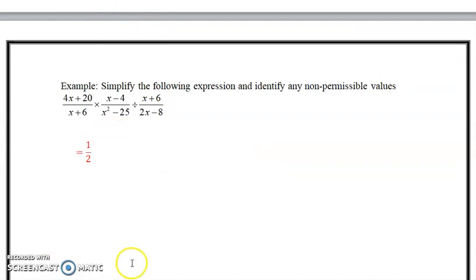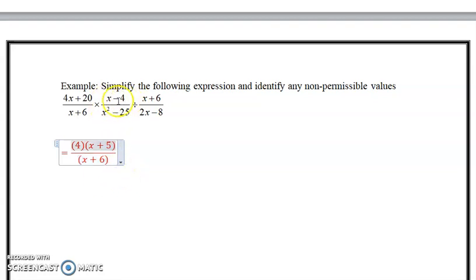The numerator there, we can factor out a 4 from the 4x plus 20, so it becomes 4 bracket x plus 5. The denominator doesn't change, it's just going to be x plus 6.